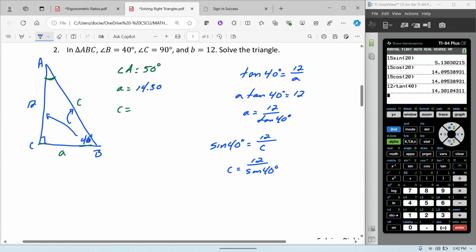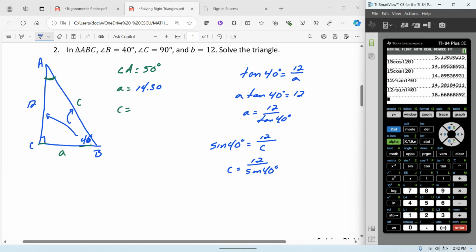To go to my calculator, I'm going to do what I showed you before. I'm going to grab that entry because instead of doing 12 divided by the tangent of 40, we want to do 12 divided by the sine of 40. I simply changed the tangent to sine. And so C is 18.67. Okay, so there's that triangle solved.